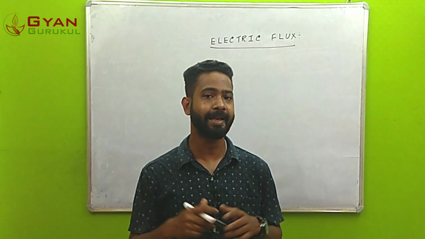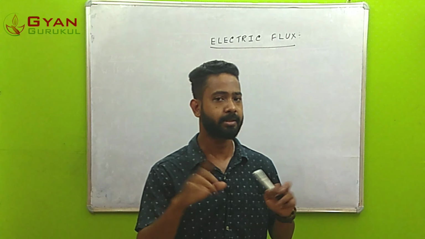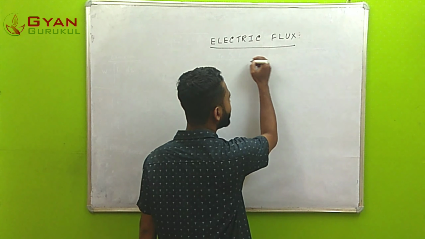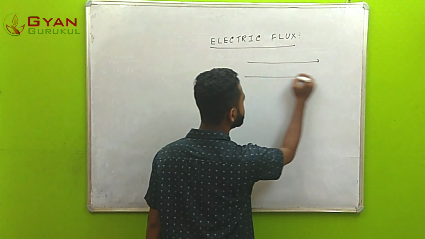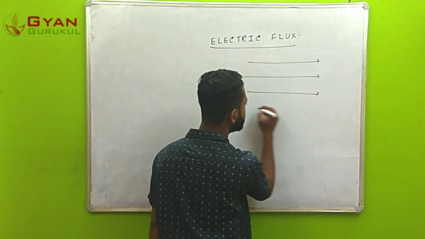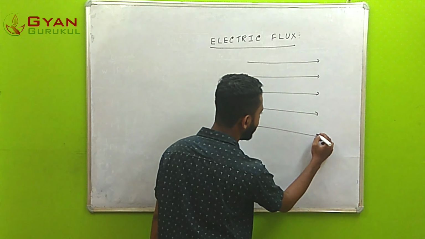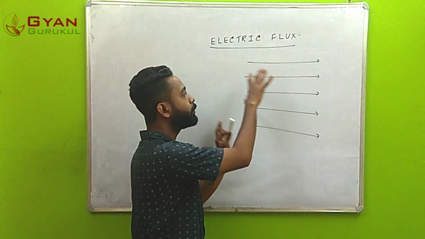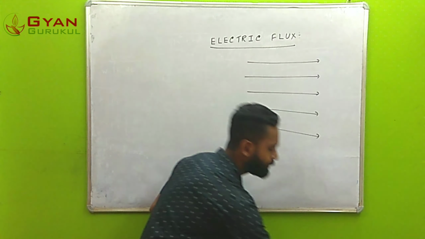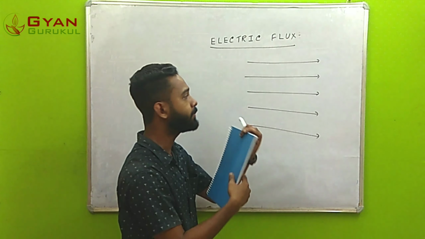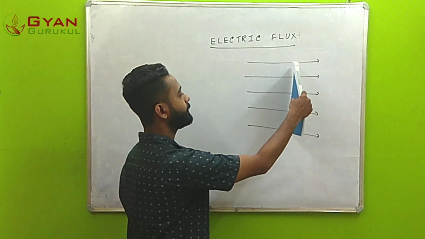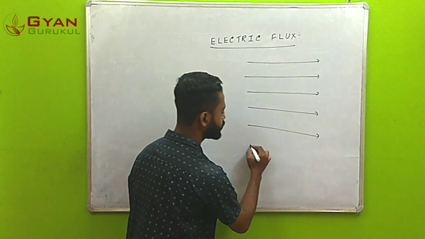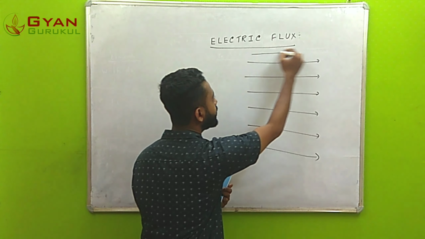So, in order to understand the concept of electric flux, let us take an example. If I say we have some external field lines going in this particular direction, and I place a surface in that region where these field lines are crossing. Let me draw a few more field lines to make the example clear.